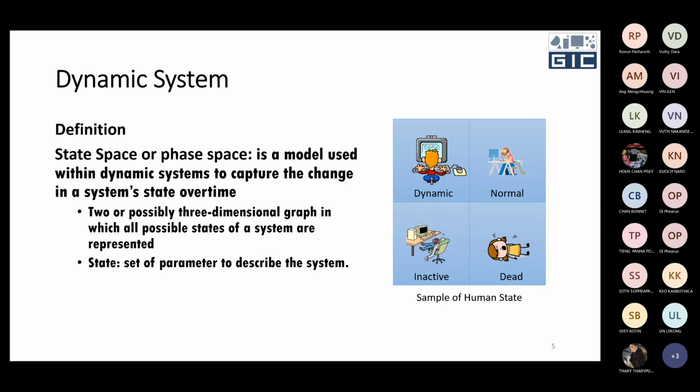It's just an example. For example, I try to describe the state of one soup. The soup can be hot, cold, normal, spicy, delicious, too sweet, too salty. All these kinds of things we call the state space.